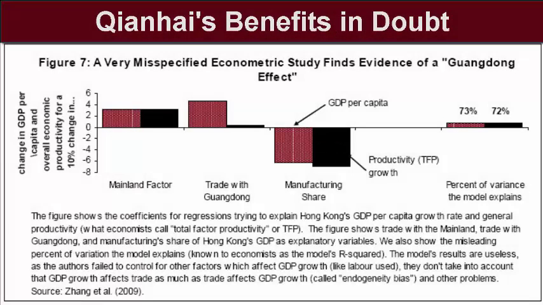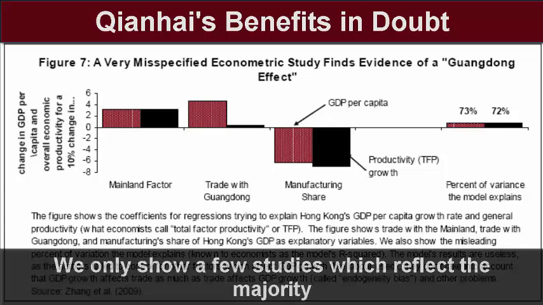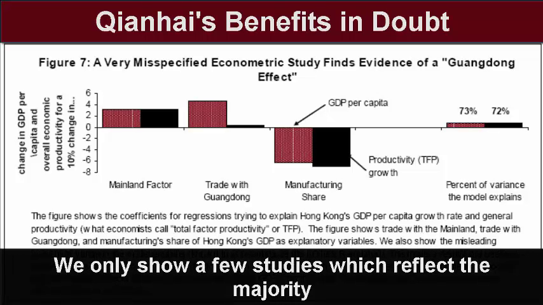For all of the hype around Qianhai, the actual benefits that Qianhai will produce are very much in doubt. Many econometric studies have sought to quantify the benefits of projects like Qianhai, but serious design problems make these studies almost completely unusable.